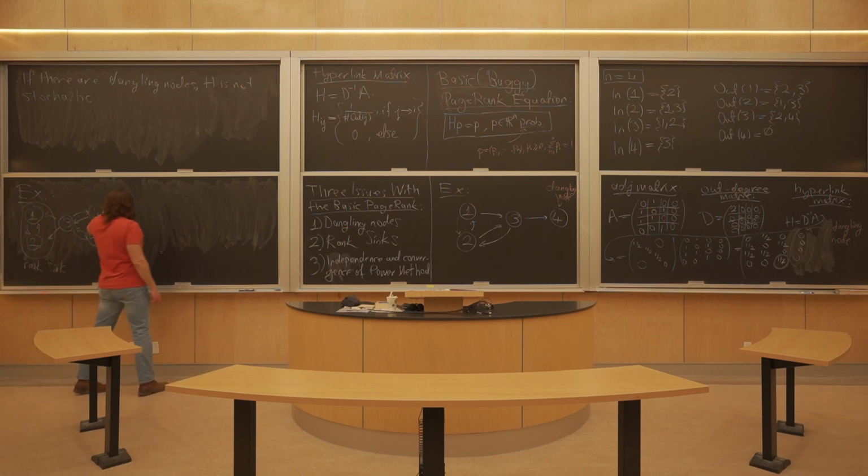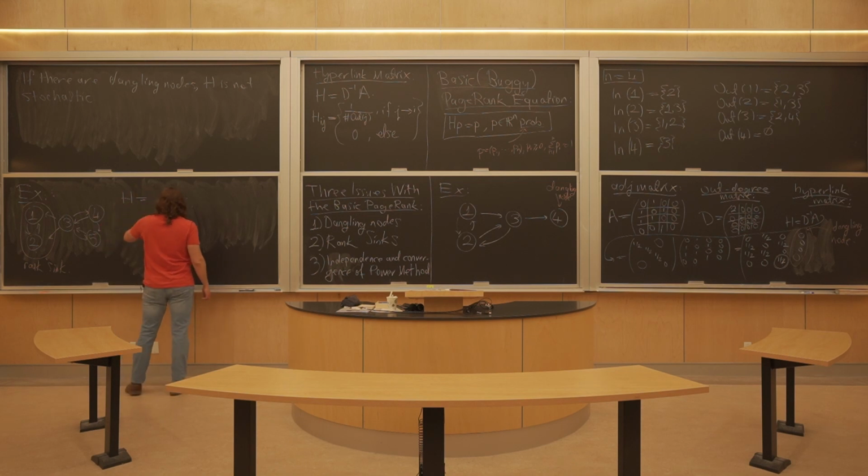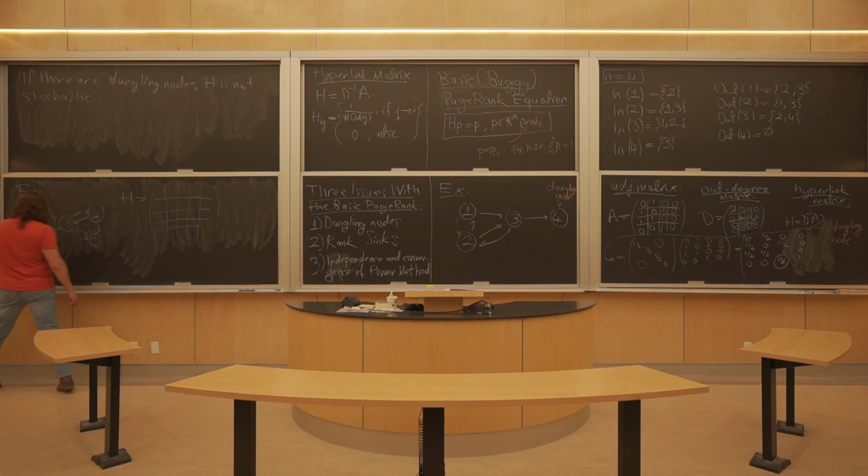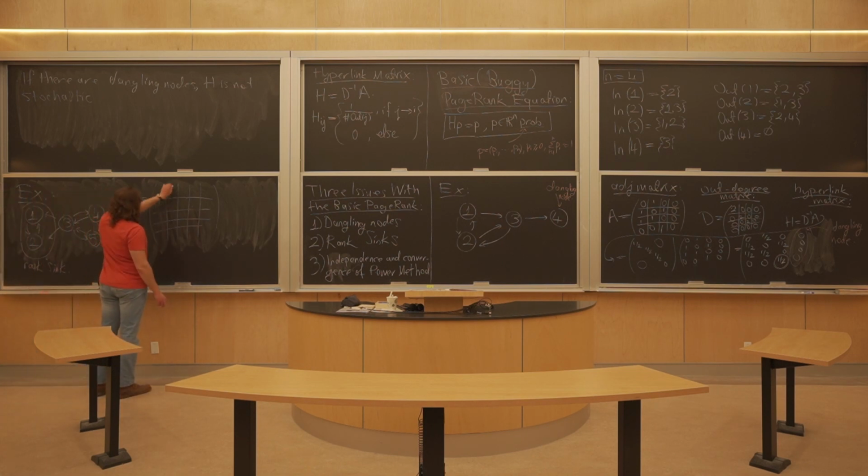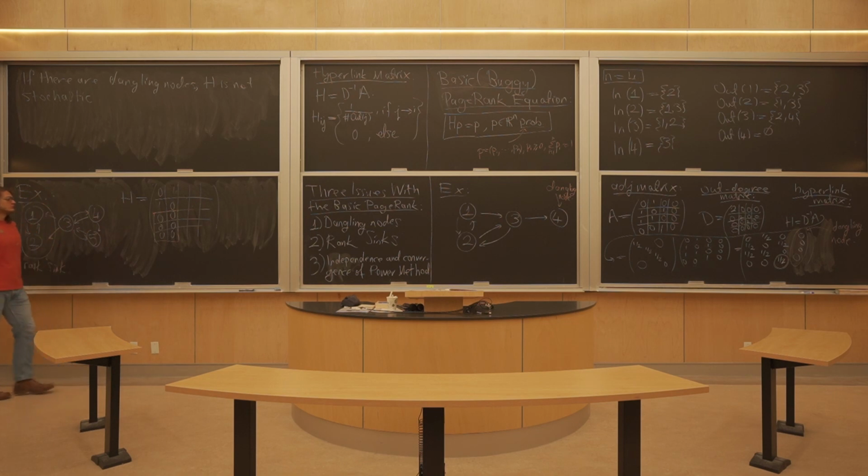Indeed, if you look at this, it's going to be a 5 by 5 matrix. So 1 points to 2, 2 points to 1. So this corresponds to 1, this is 1, this is 1, everything else is 0. What is the issue this time is that in terms of linear algebra, we have this block of zeros.